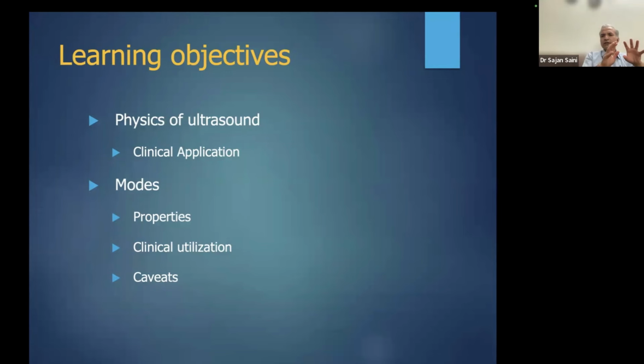So I'll be discussing how to understand the physics of ultrasound to optimize our image so that we can get the best out of these images. We'll be discussing various modes which we can use to interrogate the heart and get information from point of care ultrasound and echocardiography. We'll also be discussing the clinical utilization and caveats of those various modes.